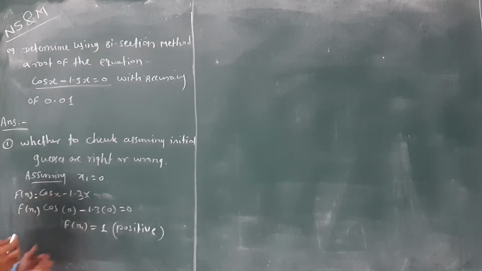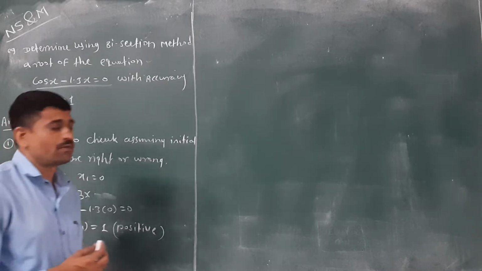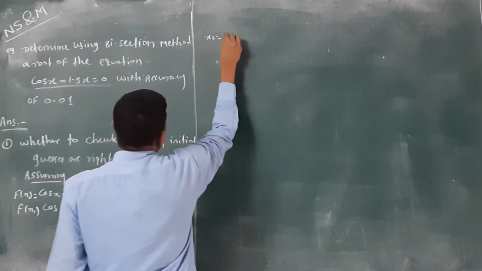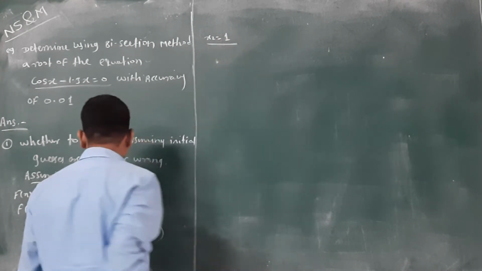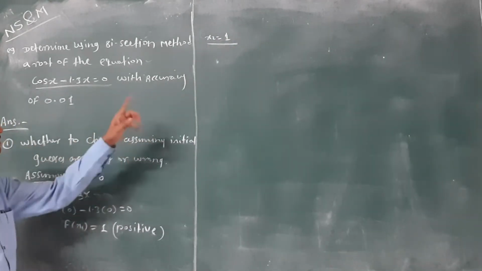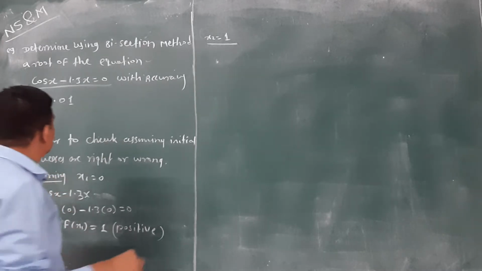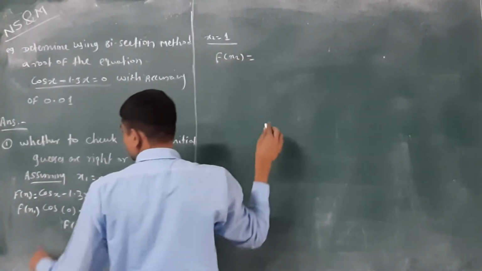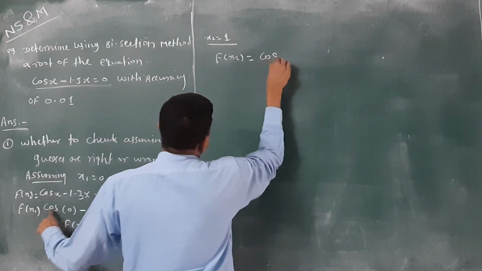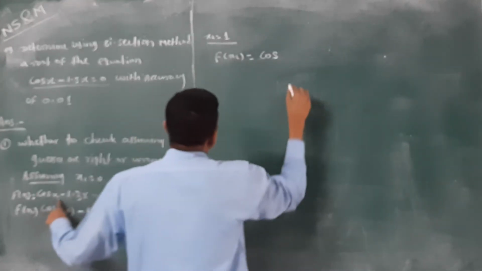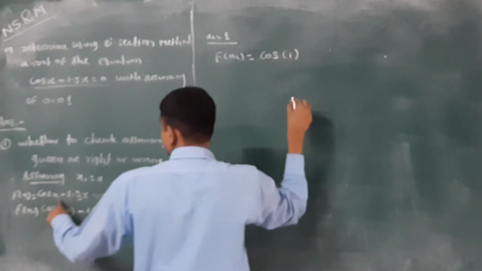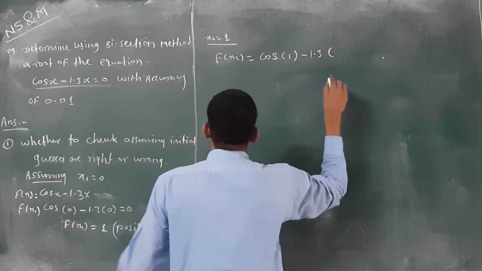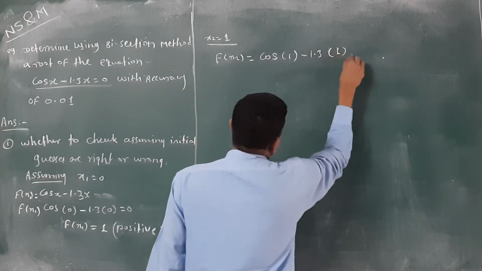Then again we want to assume one more value. Then I will assume here x2 is equal to 1. Then put this in the equation: f of x2 is equal to cos of x2, where x2 is 1, minus 1.3 into 1.